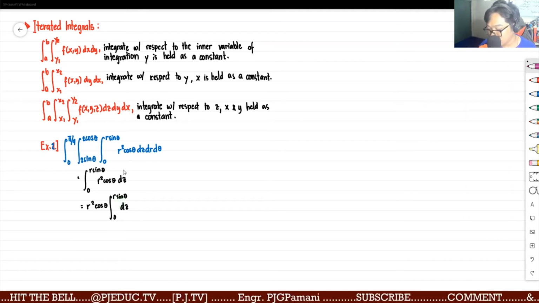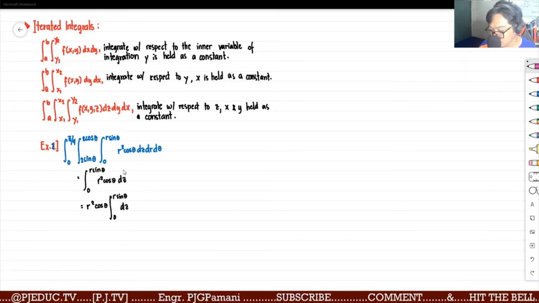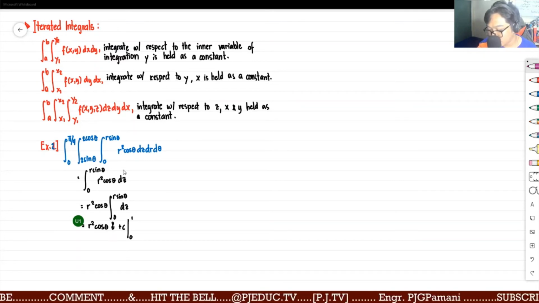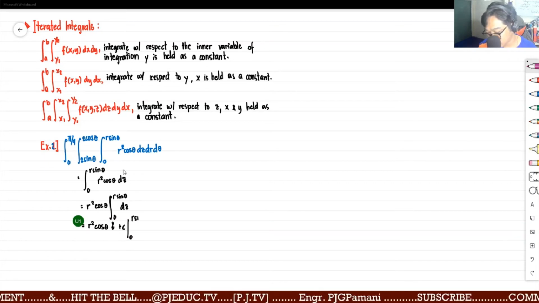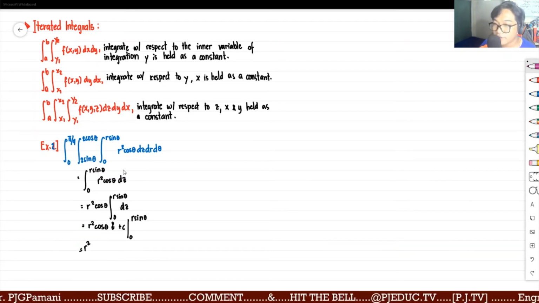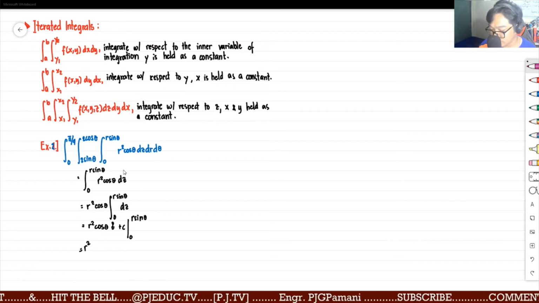So we'll then integrate differential z, which is basically now r squared cosine theta times z plus c. Then apply your upper and lower limit of 0 to r sine theta. Remember that our variable concern here is variable z. So substitute your upper limit and lower limit only to the variable z.